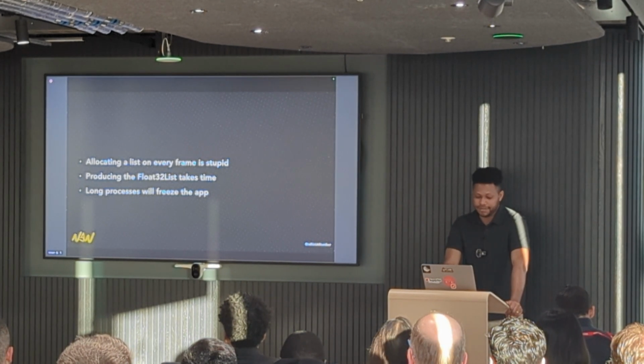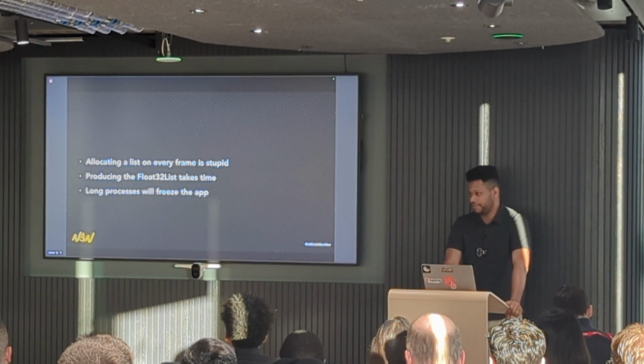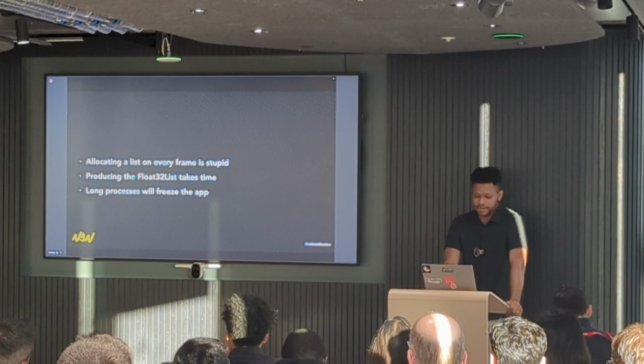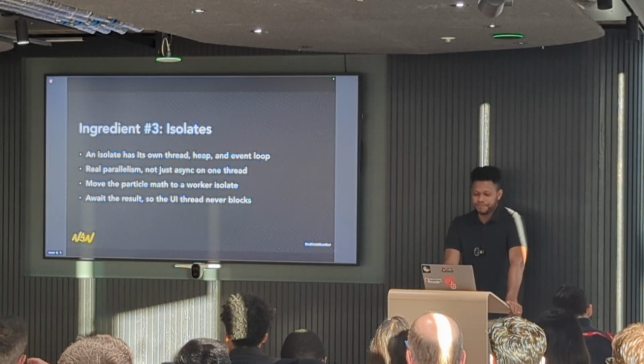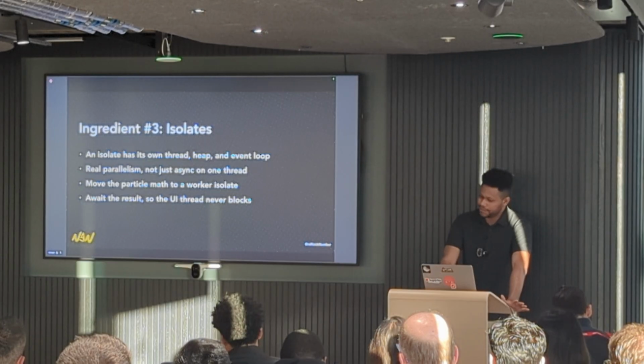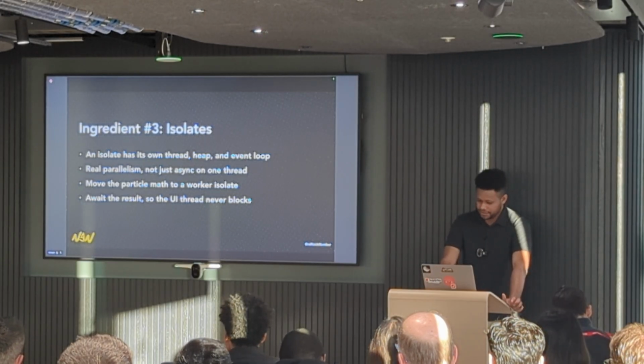If the user sees that your app is consuming battery like a game, then you have a problem as well. So let's make this mix less stupid. It's still stupid, but less stupid.